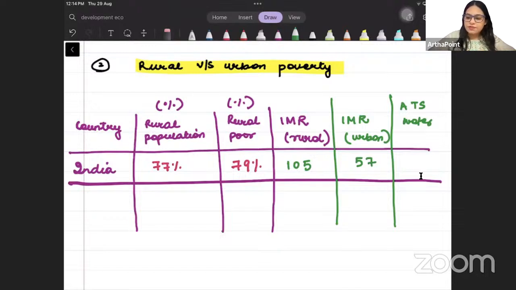This is in India. We can take one more country, suppose Kenya. 80% of the population lives in the rural area. 96% of people who live in rural areas are poor. The infant mortality rate is 59 in rural and 57 in urban. 21% of people in rural areas have access to clean drinking water.